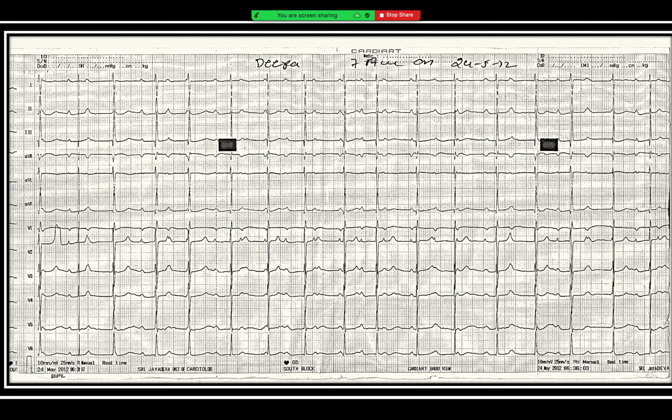You notice that P waves and QRS complexes are not correlated. But how is the QRS? It is narrow. In the left precordial leads, there are tall R waves. Newborn with such an ECG, so complete heart block in congenital.